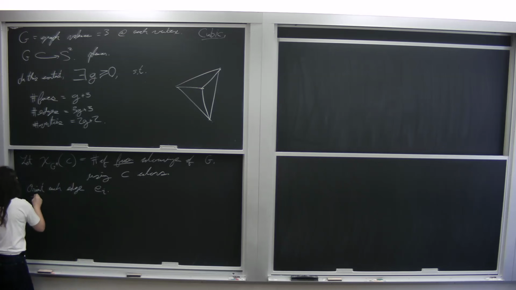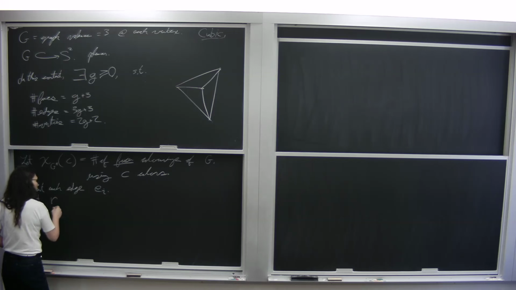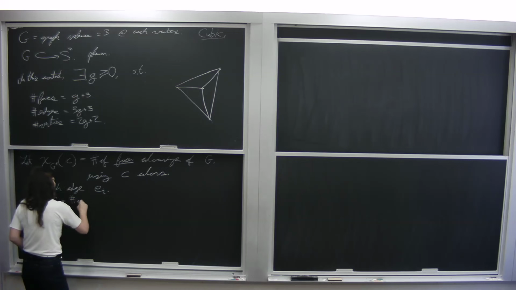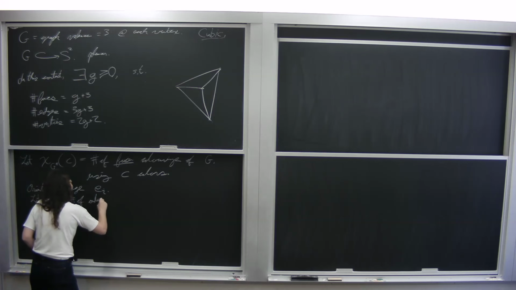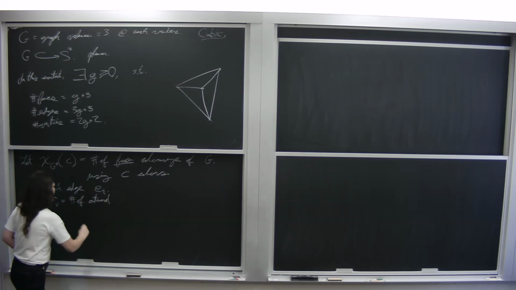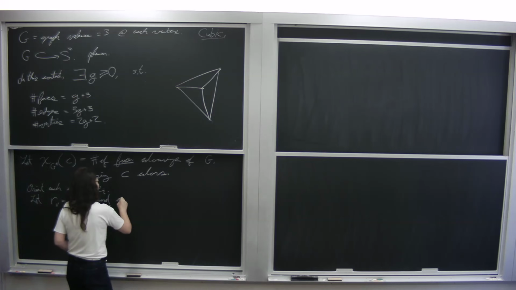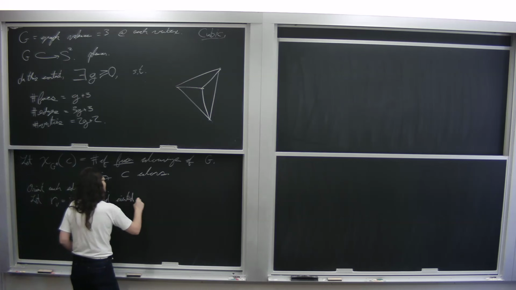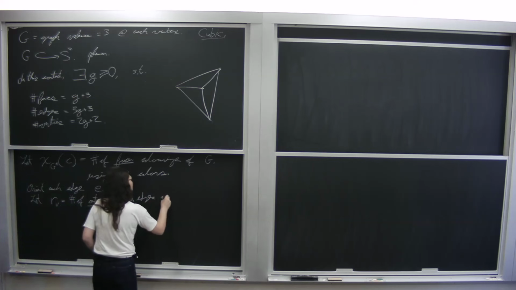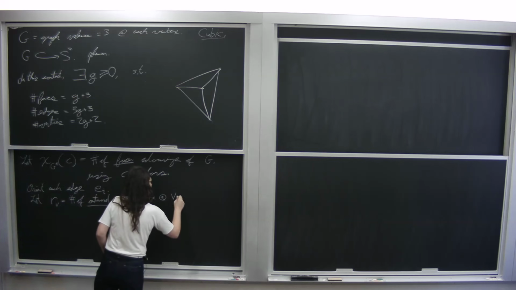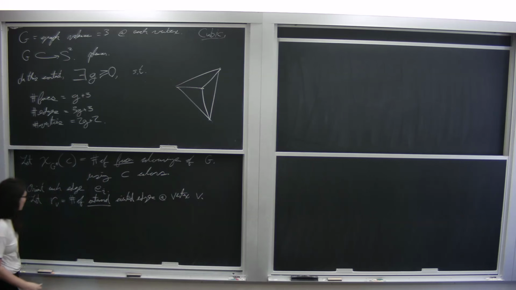And then I'm going to let RV be equal to the number of outward oriented edges at the vertex V. Okay.